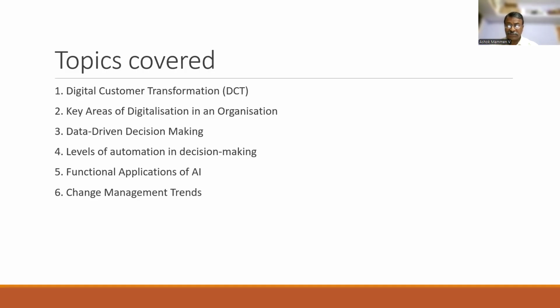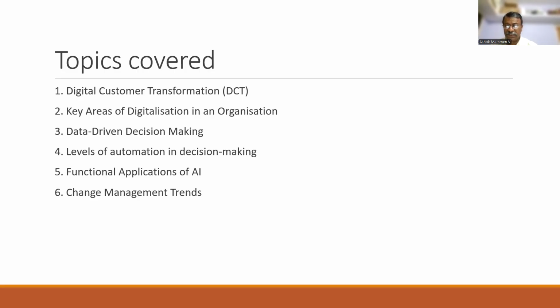So, different levels of automation we saw. We have looked into the functional application of AI. Functional, we meant cutting across HR, finance, marketing, supply chain, strategies, all this.